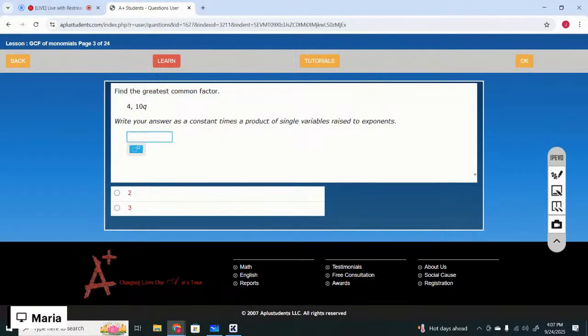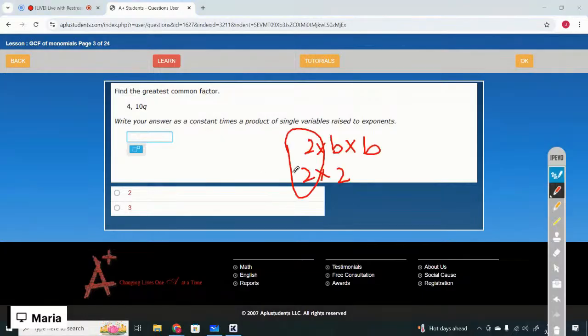Find the greatest common factor. That is 2 times 2 and 2 times 5q.